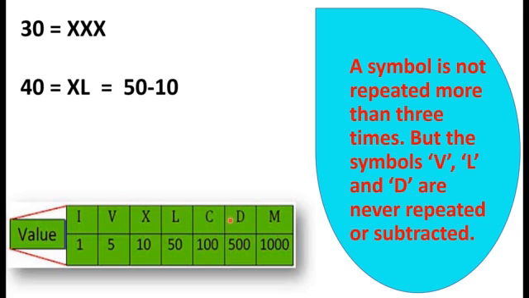That means we cannot write DM, because D is never subtracted. So in this way we don't have to repeat V, L and D, and these three alphabets are never subtracted.